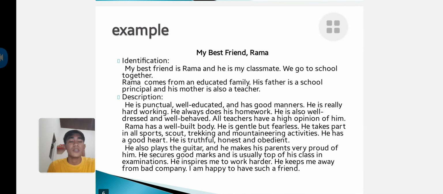Okay, let's move to the example of the descriptive text. This is my best friend, Rama. In identification, as I said before, my best friend is Rama and he is my classmate. We go to school together. Rama comes from an educated family.